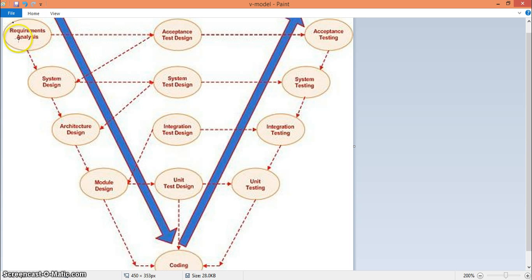You have requirements analysis and acceptance test design, system design and system test design, architecture design and integration test design, and after coding you do unit test design. So these are parallel phases which run across development and testing. Both of them have to go hand in hand to test effectively and ensure that the end software product is reliable.